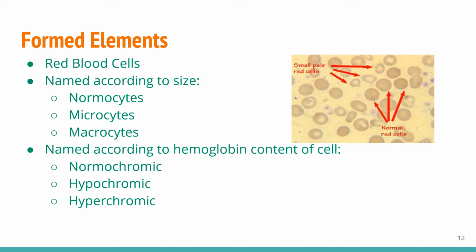As you can see in the picture there, small pale red cells would be hypochromic microcytes. So they're small and pale, where the normal ones have a little bit darker color. And then your hyperchromic would have an intense color. A hyperchromic is extremely rare, so you're not going to see that as much as hypochromic.